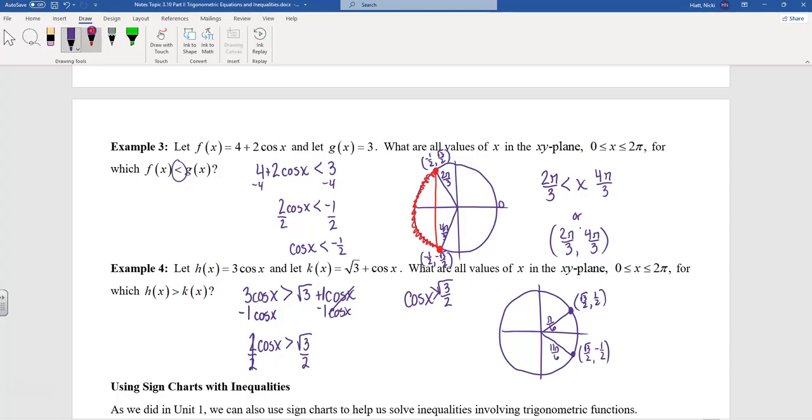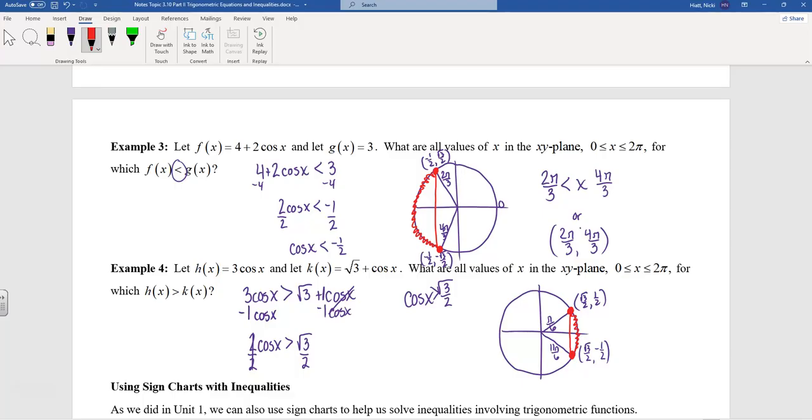Now, I think it's helpful, just like we've done on the others, to draw yourself a line connecting those two. We are looking at greater than this time, right? Whenever we're dealing with the x coordinates, like we are here, we have that vertical line, greater than is everything to the right. So the answers are over here.